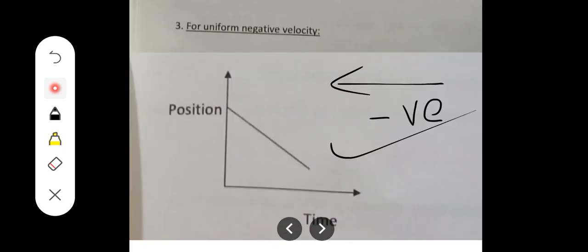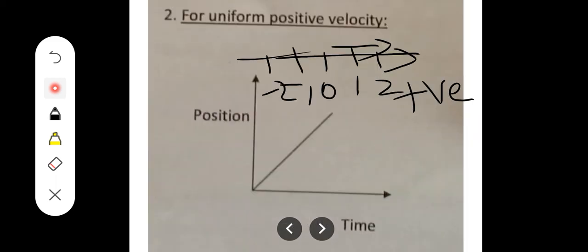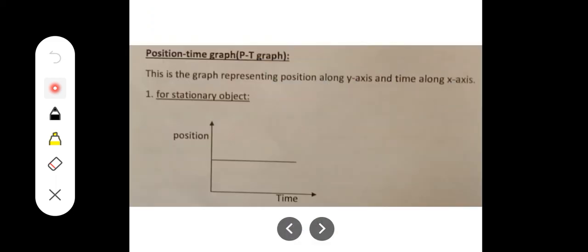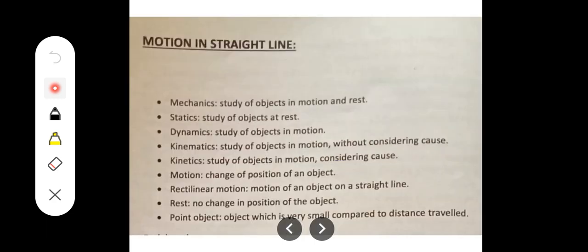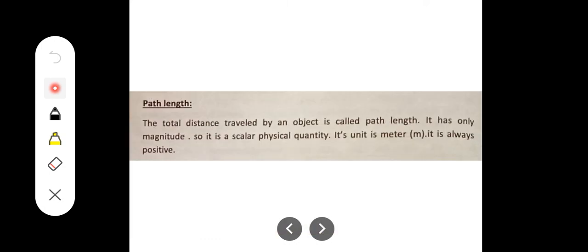So till then, what all we have seen in this second unit that we are discussing, that is motion in a straight line. In this unit we have seen about mechanics, statics, dynamics, their definitions. What are kinetics, motion, rectilinear motion, rest, point object, path length, displacement.